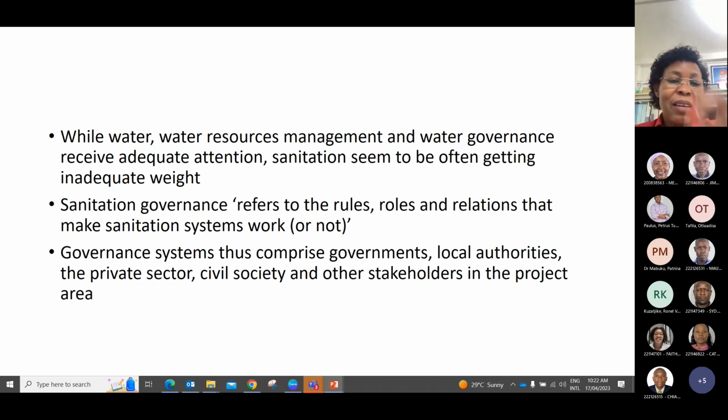So you can see from the different definitions of different institutions, practitioners, authorities and scholars that water and sanitation governance are issues that have received adequate attention. Especially water resources and water governance receive more attention as opposed to sanitation.